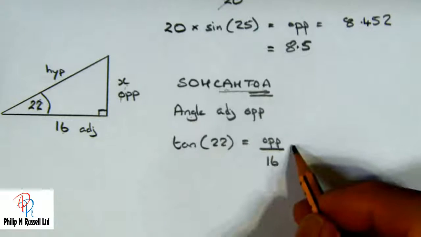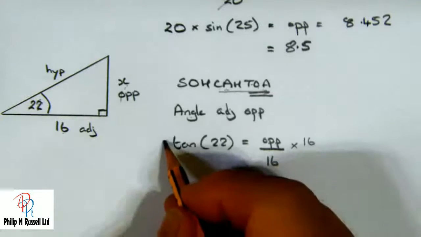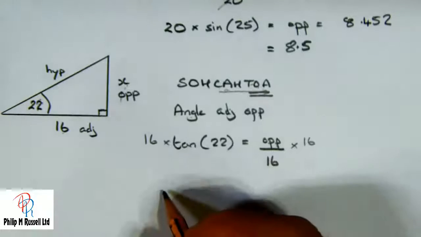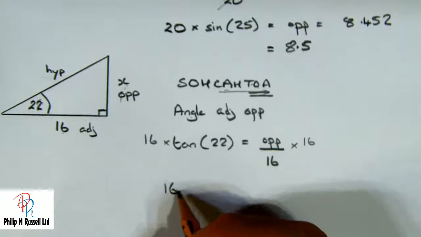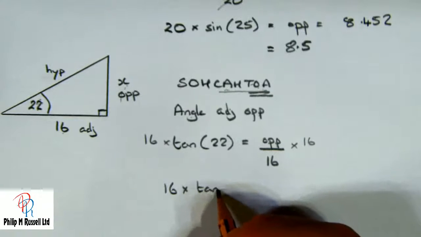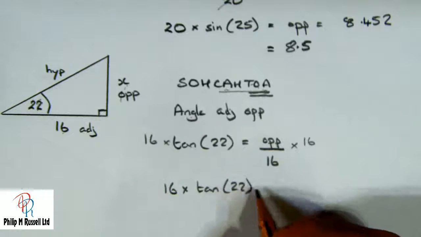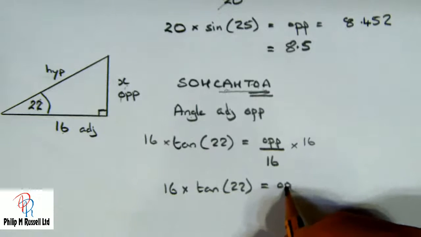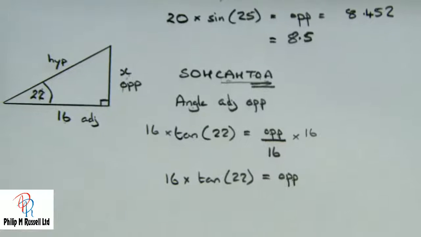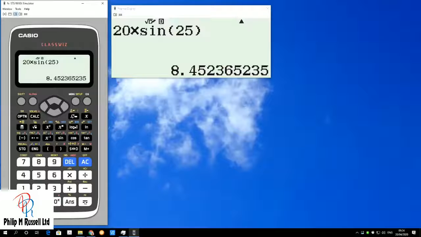Let's move the 16 over, so we'll multiply both sides by 16, and we get 16 times the tan of 22 equals the opposite.